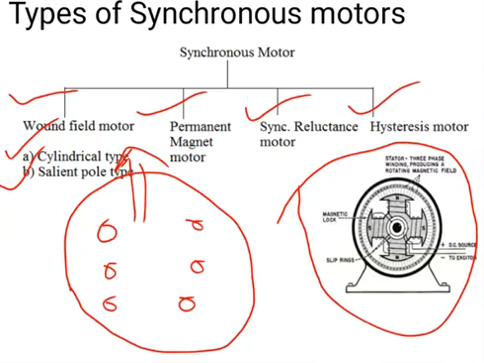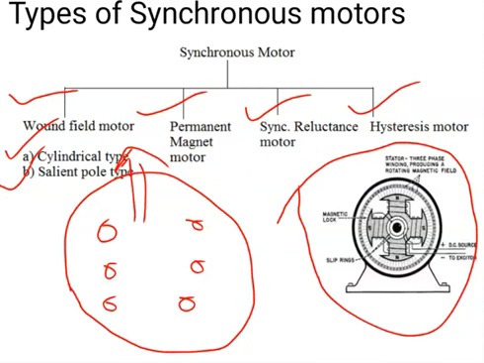According to the cylindrical rotor type wound field synchronous motor, the air gap is uniform, and we have the flux produced by the rotor. In this type of rotor, the windings are placed in the rotor and the stator is surrounding the rotor, and the rotor is cylindrical, so it is called the cylindrical rotor wound field synchronous motor, and it is used for higher speed applications.